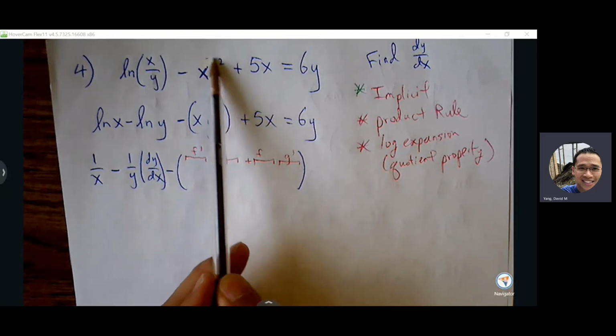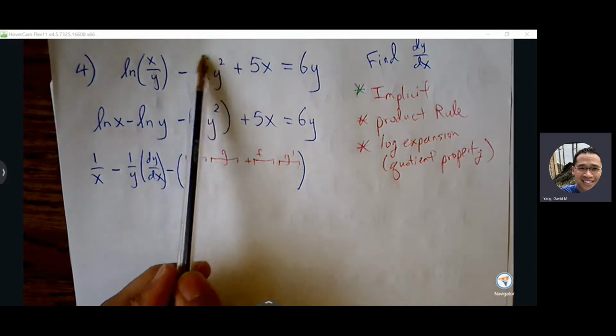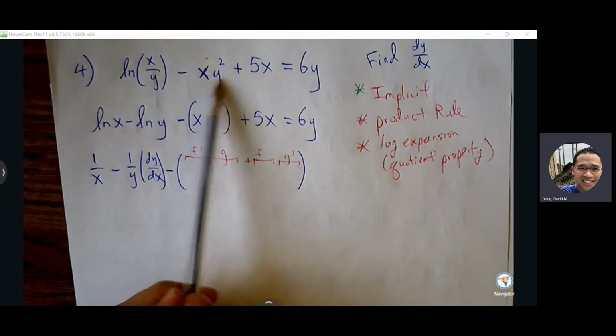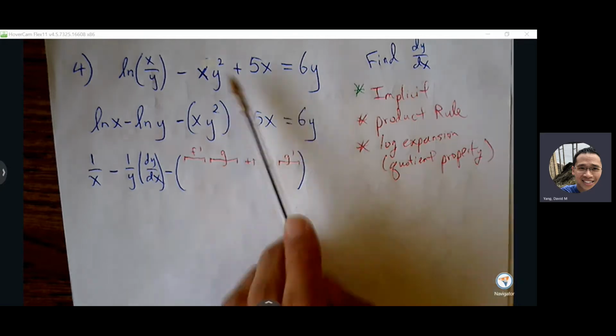Why can this 2 not just come down in front before we do our power rule? Okay, it's not a log term. You can bring it down if it's part of a log term, but otherwise, if you bring it down, you're changing the problem. It's not the same thing anymore, right? We can't just bring an exponent down unless it's part of a natural log or log expression. Okay, so this has to stay.